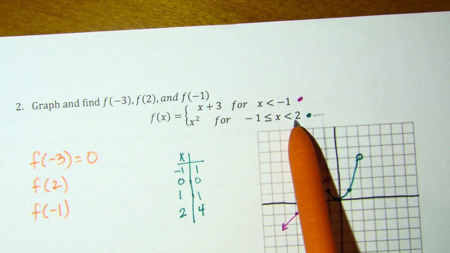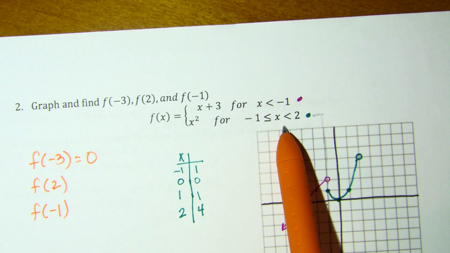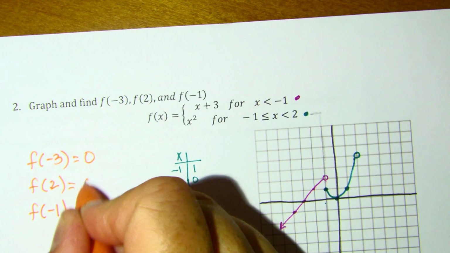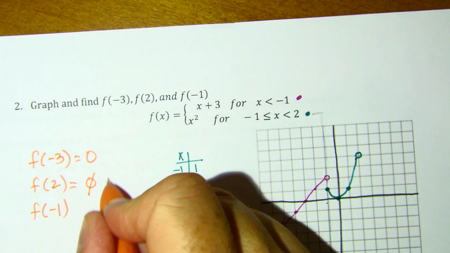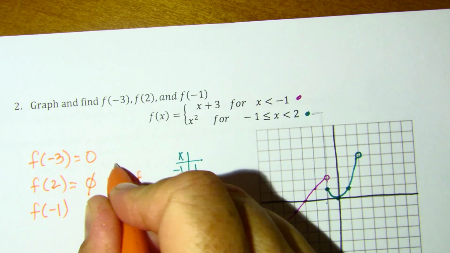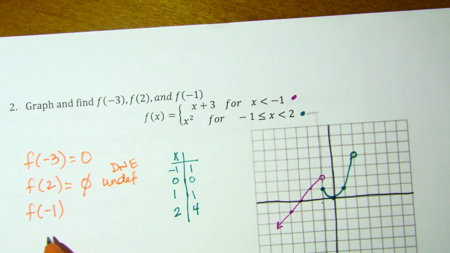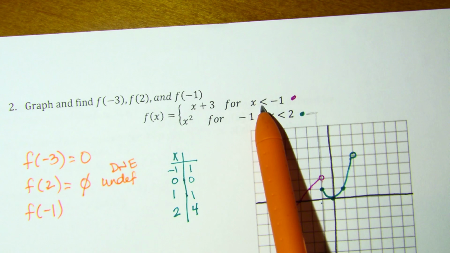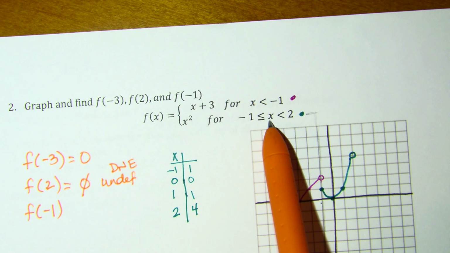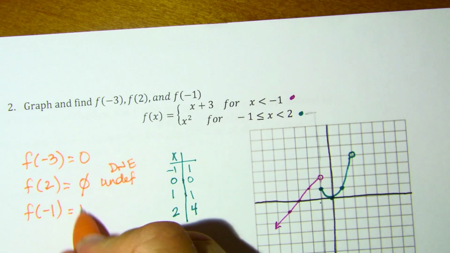And here it's not equal to 2. And then my function just stops after that. So that would be undefined, or the empty set, or D and E, does not exist. Any of those would be fine. And then negative 1. Well, it's not equal to negative 1 here, but it is equal to negative 1 here, and negative 1 squared is 1.